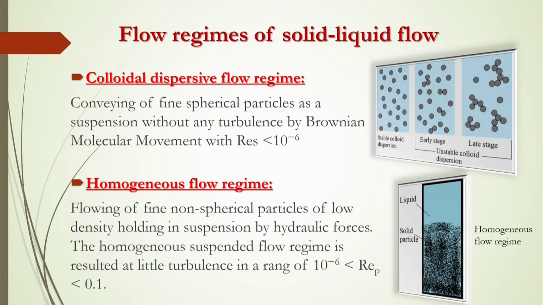Now, for liquid solid flow, you will generally get two types of flow regimes. One is the colloidal dispersive flow regime and another is the homogeneous flow regime. In the colloidal dispersive flow regime, there is conveying of fine spherical particles as a suspension without any turbulence, by Brownian molecular movement, with the Reynolds number of the solid particle less than 10 to the power minus 6.